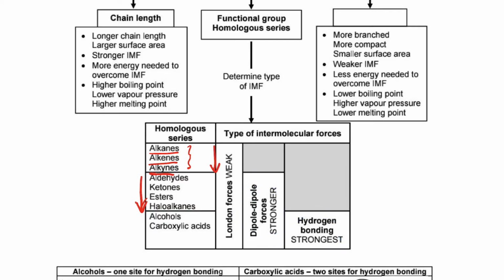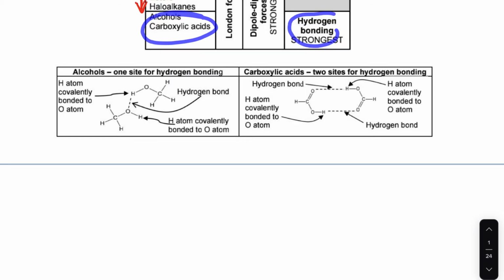So remember, the hydrogen bonding occurs in N-O-F: when there's a nitrogen, an oxygen, a fluorine. So these ones do have it, but there's a difference between these hydrogen bondings, which I'm not going to dwell on now. The strongest are these two, which have hydrogen bonding.